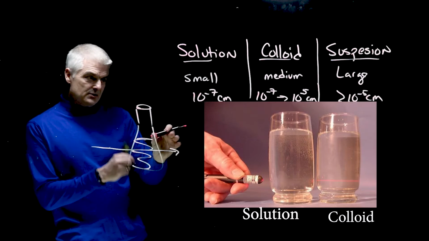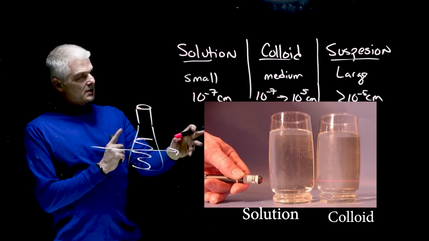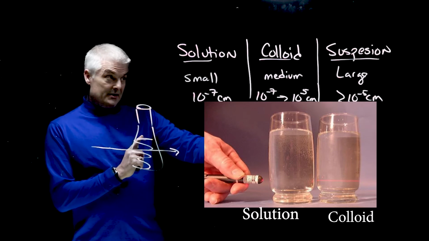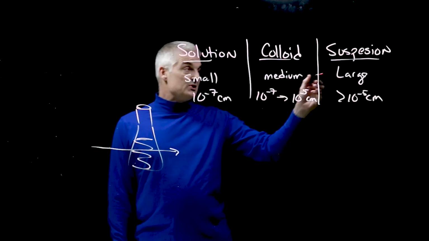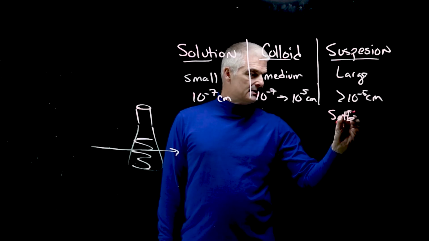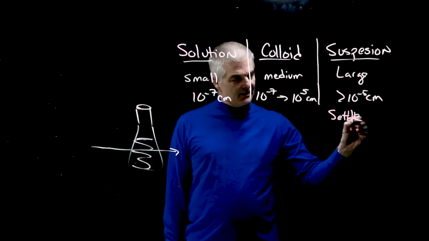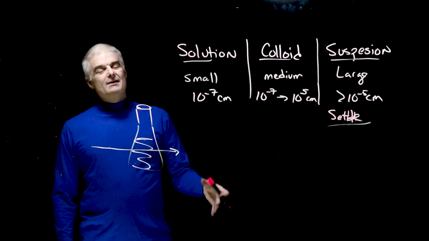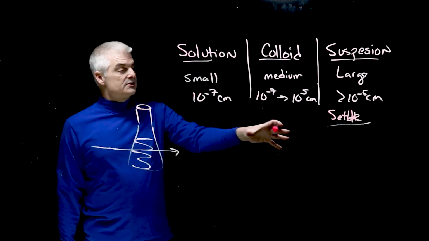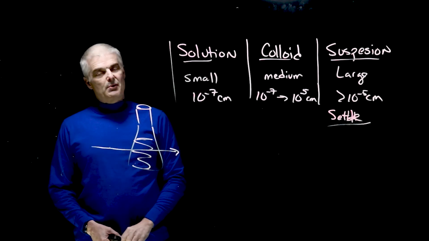Look at these images right here, and you can see how the light goes through the solution, and then the colloid is different. Now the thing about a suspension is that if you let it sit, it will settle, S-E-T-T-L-E. It will settle to the bottom. So, three types, and that's the last bit here on the properties of solutions.